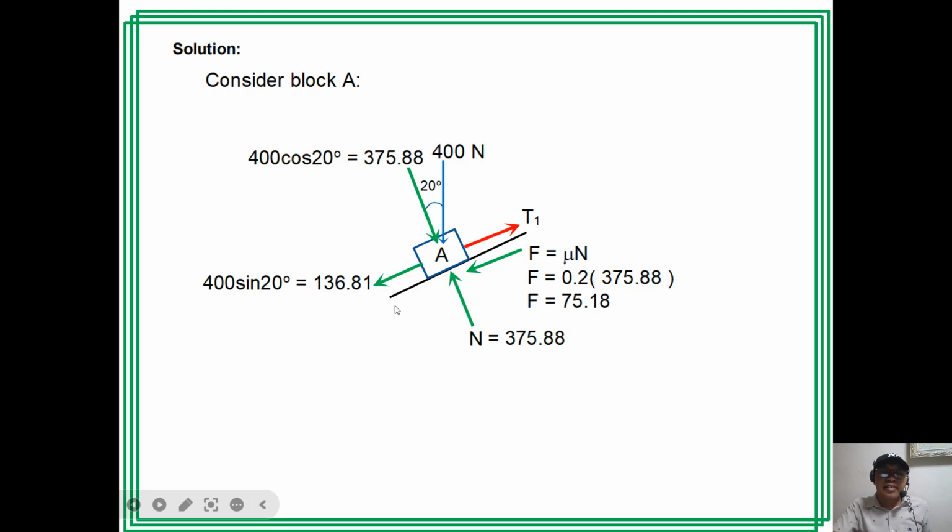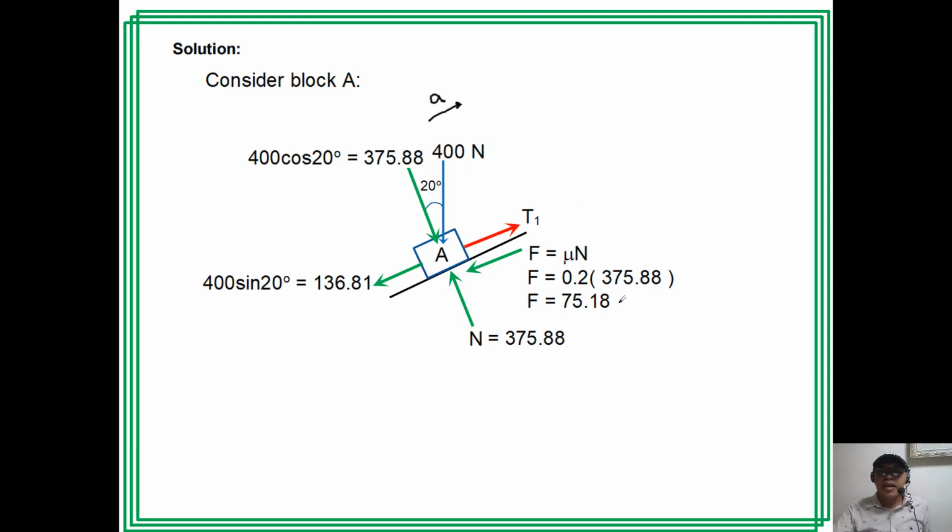So, since this is accelerated upward, I will place the acceleration up because this component of the weight is very much lesser compared to the second block, 680 newtons. This is only 136.81 pulled by 680 newtons.